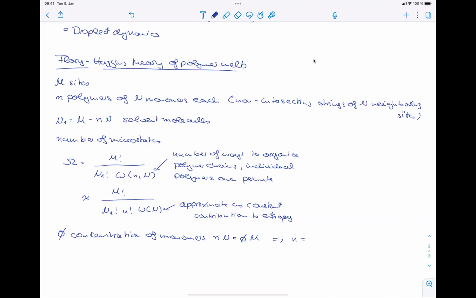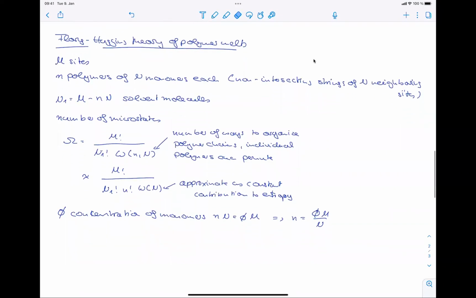That then specifies that my small n can also be written as phi M over N. Exactly. And similarly, I can now write my number of solvent molecules, which is M minus nN, as (1 minus phi) M.